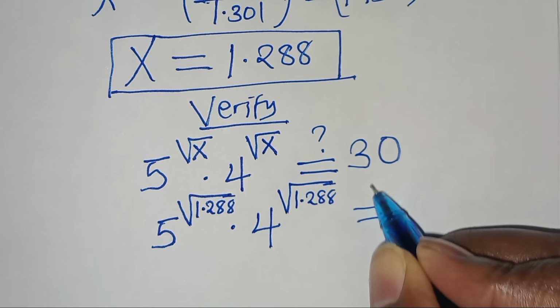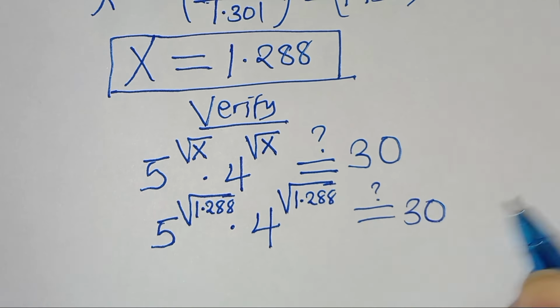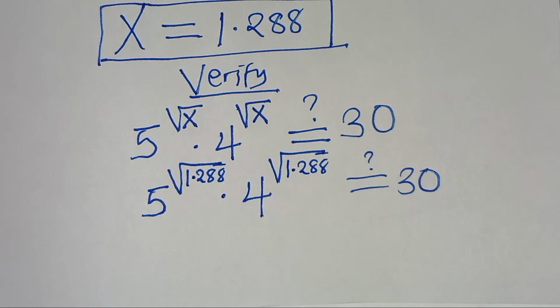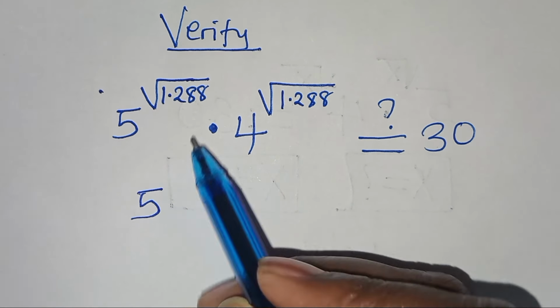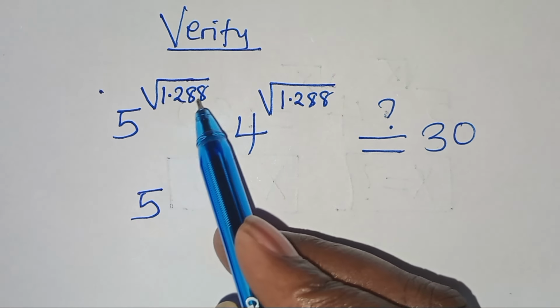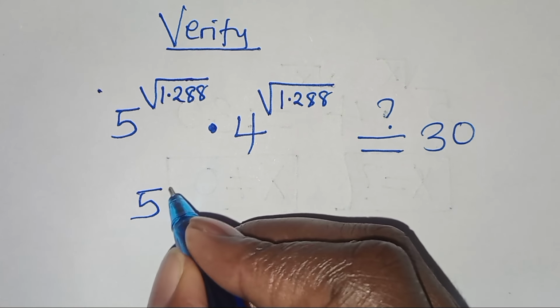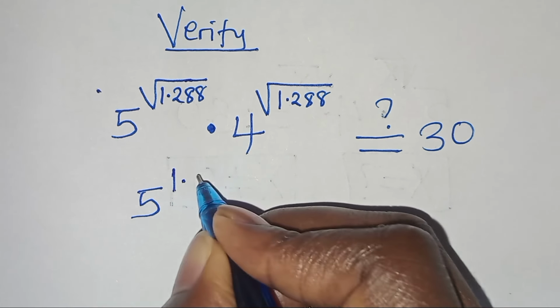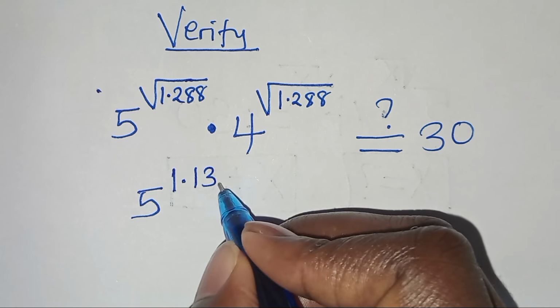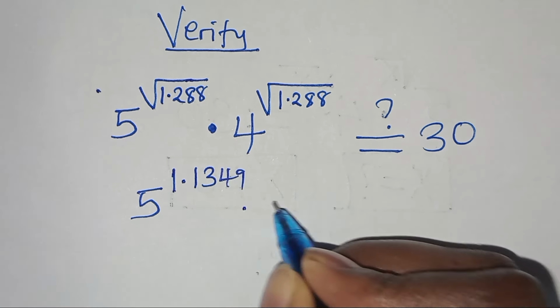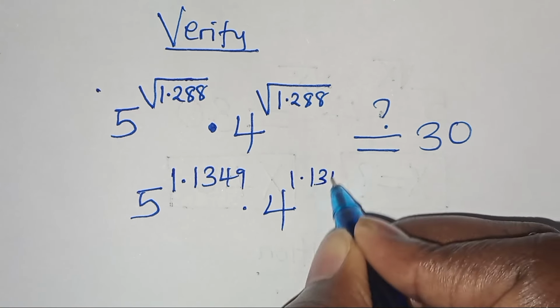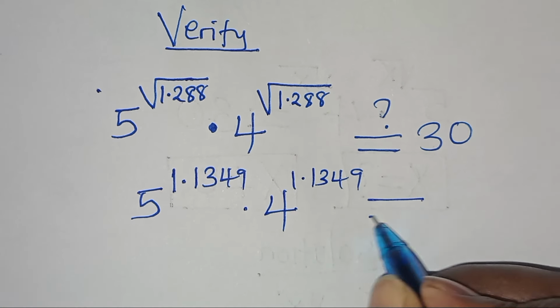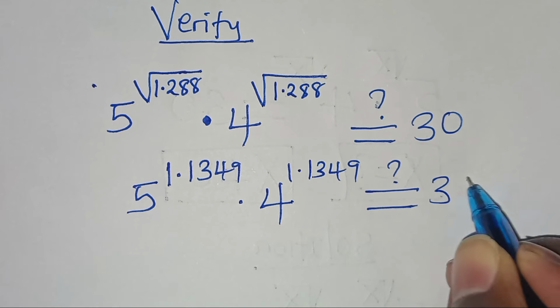Now this should give us a value of 30. The square root of 1.288 is the same thing as 1.1349, so we have 5 to the power of 1.1349 multiplied by 4 to the power of 1.1349.